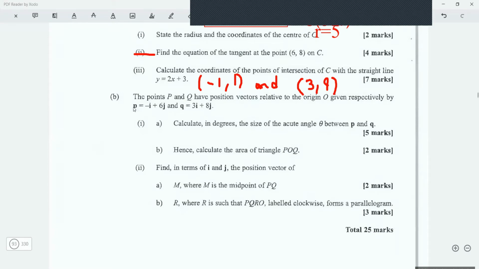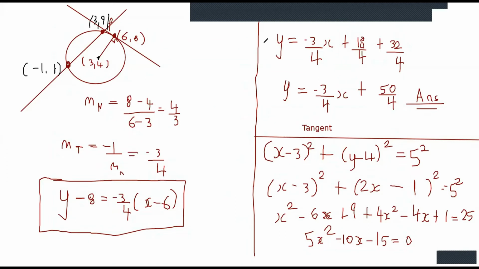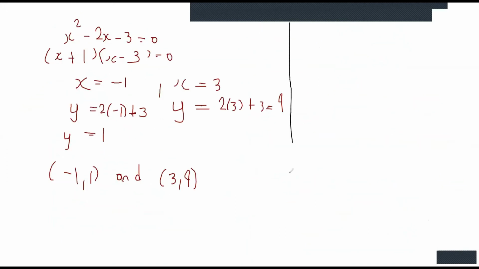Now let's copy this and bring it to the whiteboard. Always remember a sketch is very good when you're finding an acute angle. All right, so P is that and Q is that.